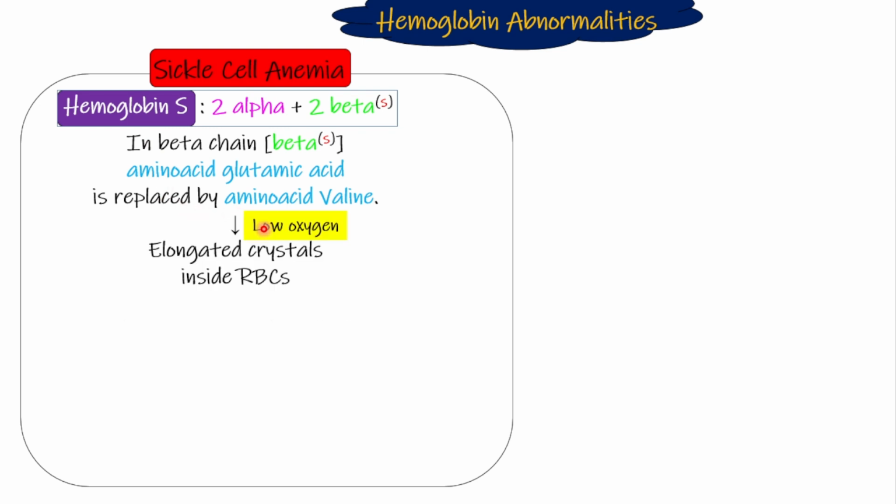Now, how does this hemoglobin behave differently from the normal hemoglobin? Whenever this hemoglobin S is exposed to low oxygen concentration, this hemoglobin will be converted into elongated crystals inside the RBCs.